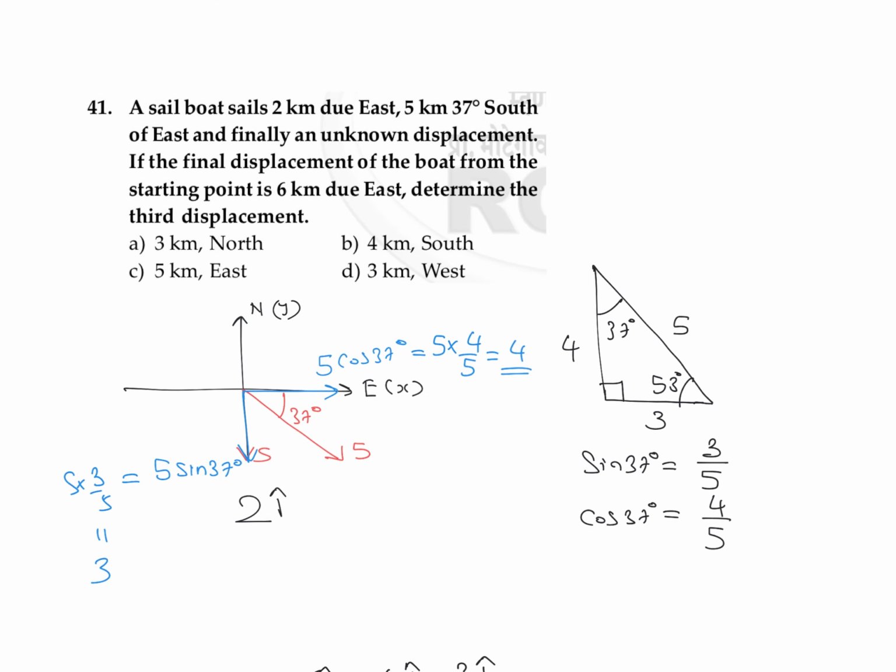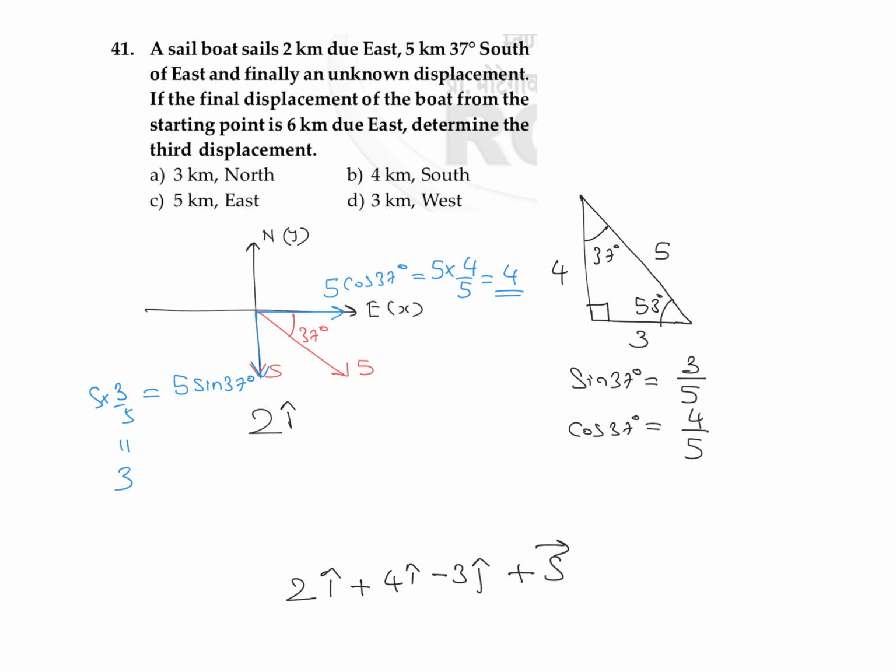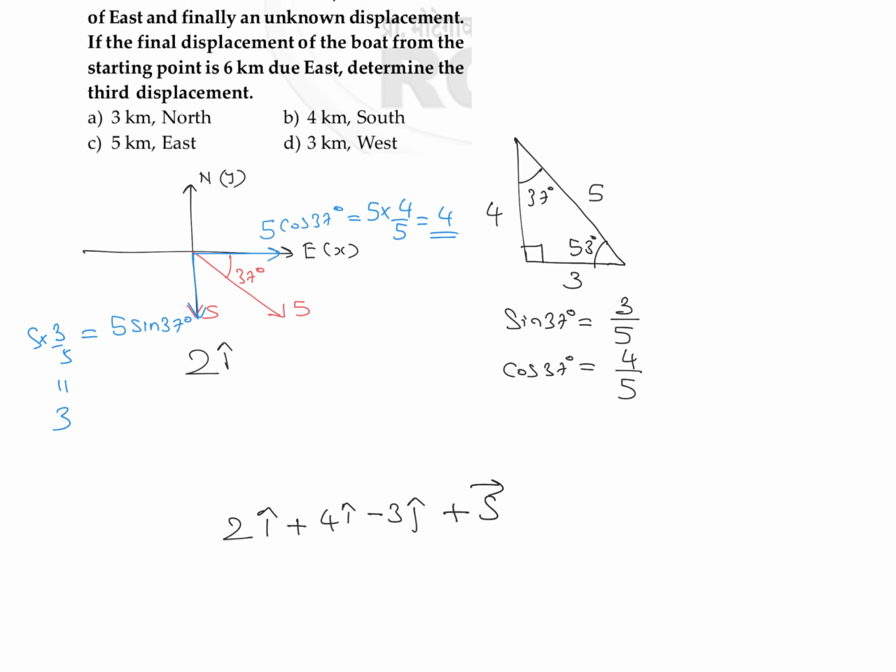Now the final displacement, along with that some unknown displacement, let's say s. The final displacement of the boat from the starting point is 6 km due east, so the final displacement should be 6 i cap.